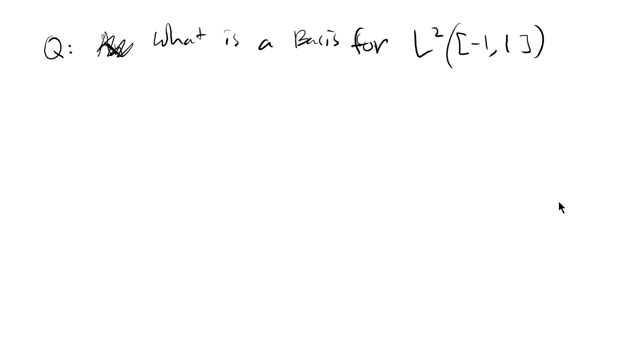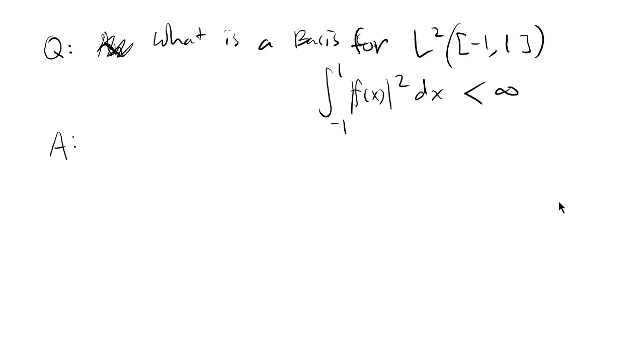By the way, to recall, this means you have a function whose absolute value squared, if you integrate from -1 to 1, has to be some finite value. Now, it's a little silly because we don't even understand what these functions are, and then we are asking what's the basis for this vector space.